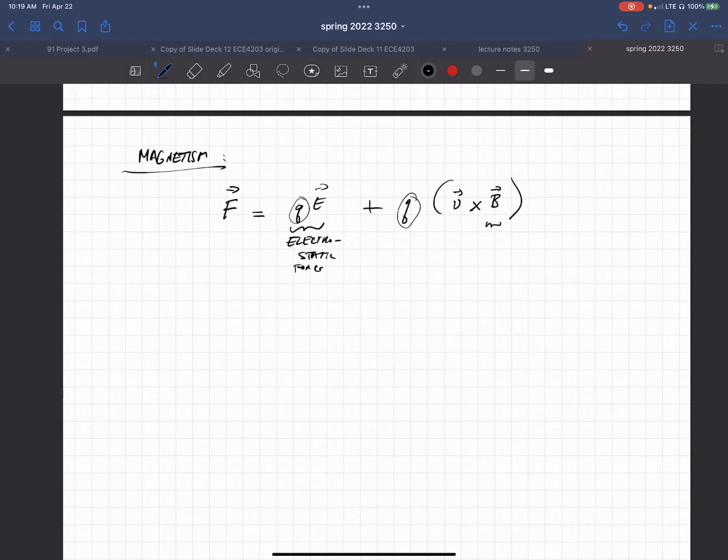So this is the magnetic field, and this is the velocity of the charge. This is the magnetostatic force.